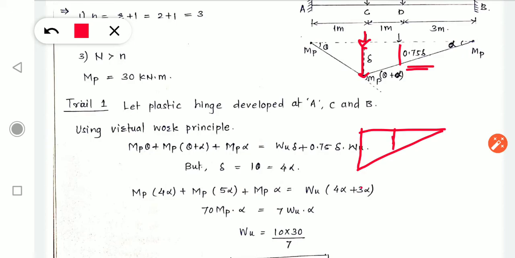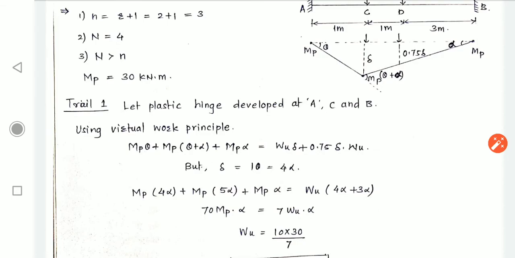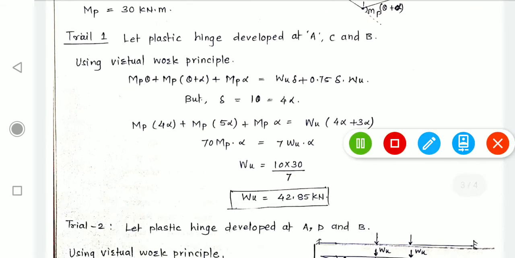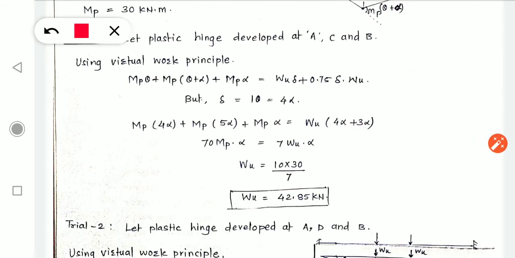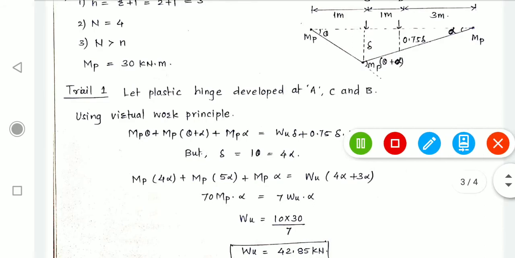I have taken this deflection as delta. What will be the deflection at this place when it is at a distance of 3 meters, and the second one is at a distance of 4 meters? By similar triangles, I get to know the deflection at this point is 0.75 of the deflection at this place. Okay. Now put the values of deflection. For that again we require a diagram. Yes.